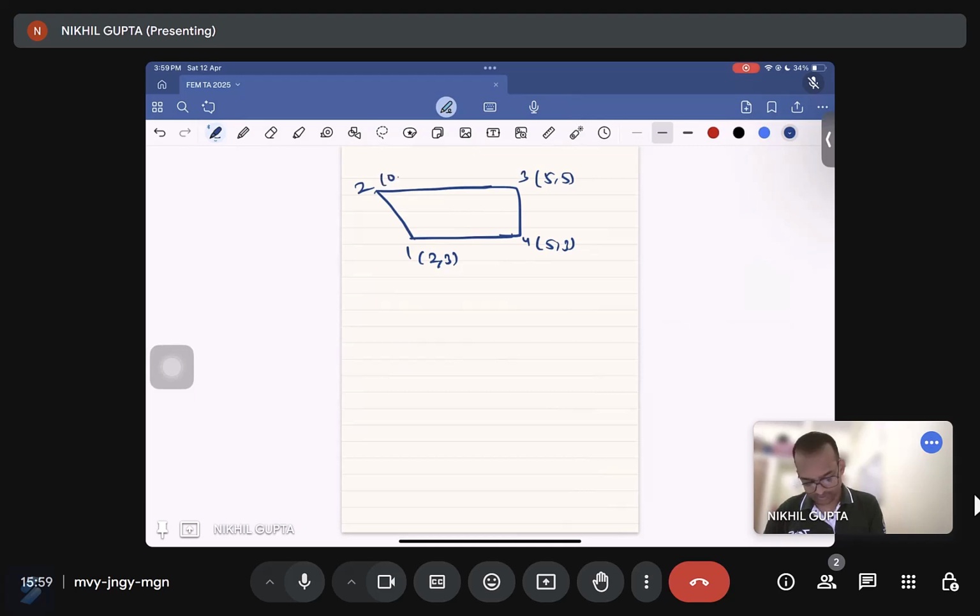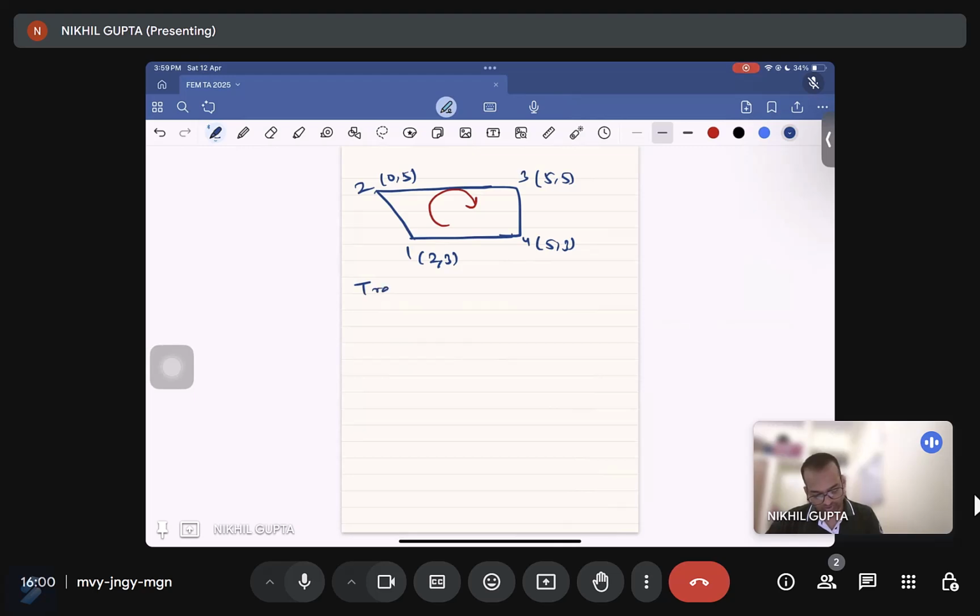Now let me know what mistake I did here. So what I did, I numbered the coordinates in the clockwise direction. In the previous class I also discussed that the numbering should be in anti-clockwise direction in order to avoid the area of the element being negative. So let's see what happens if we write it in clockwise direction.